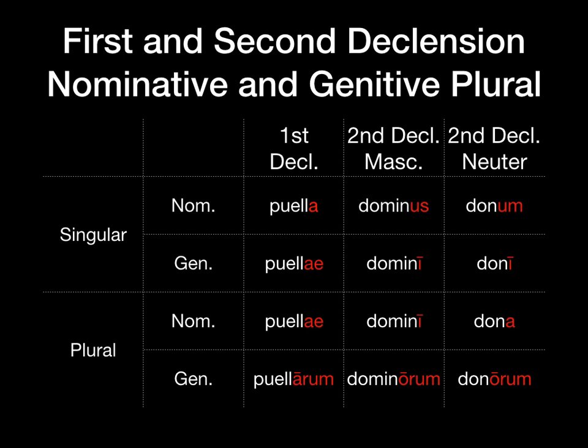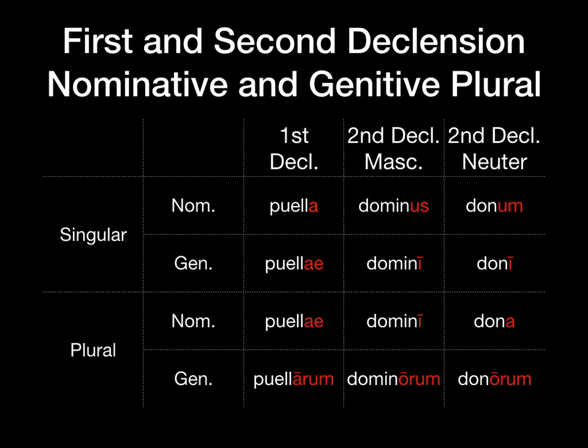Likewise, the masculine second declension nominative plural is i, domini, which is also the genitive singular ending, domini. To make it even worse, the nominative plural of neuter nouns ends in a short a, which is also the nominative singular of first declension nouns.